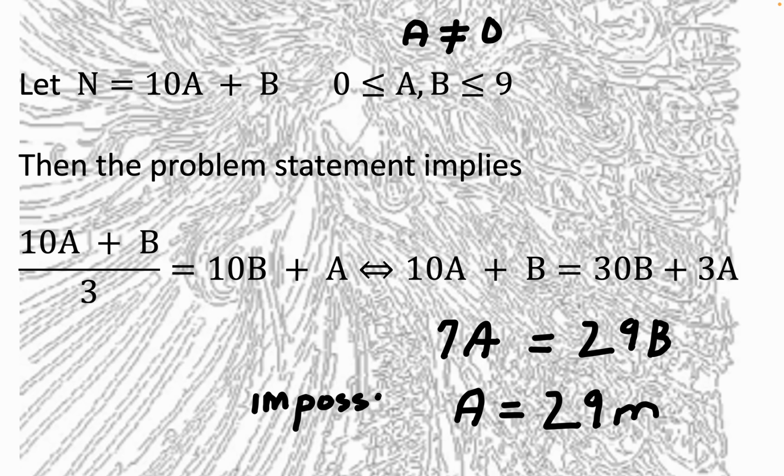If this arithmetic that we've gone through holds, we get this absurdity that a is much larger than the digit bound that we have right here.